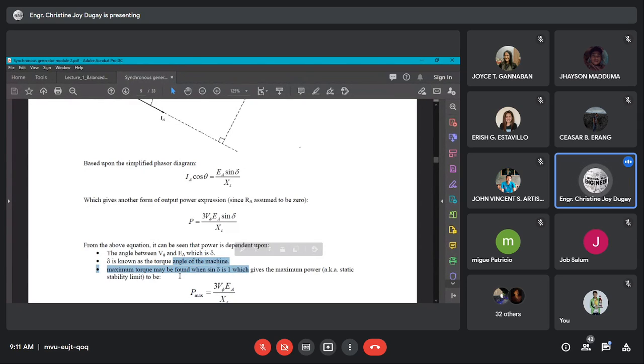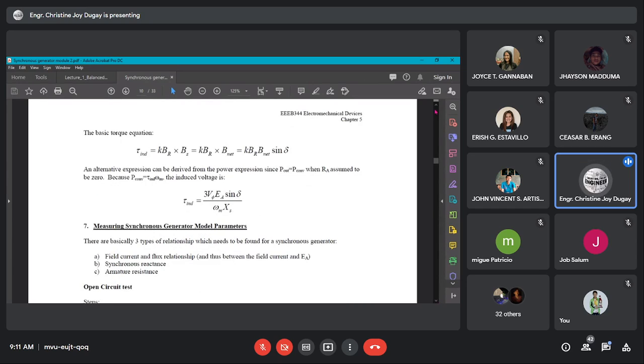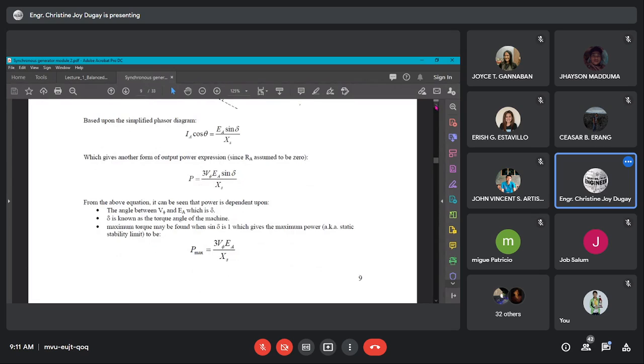So, the maximum torque can be found when sine is equal to 1, which gives the maximum power or the static stability limit to be, no? Kung ang sine ng sigma natin, kailan nagiging 1 ang sine natin if the angle is equal to 0 or 90? Kailan magiging sine of the angle is equal to 1?